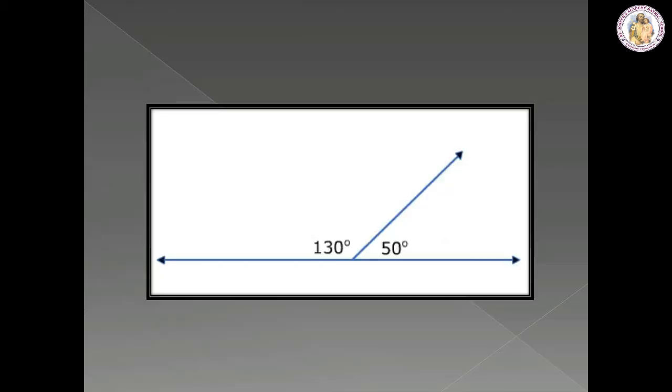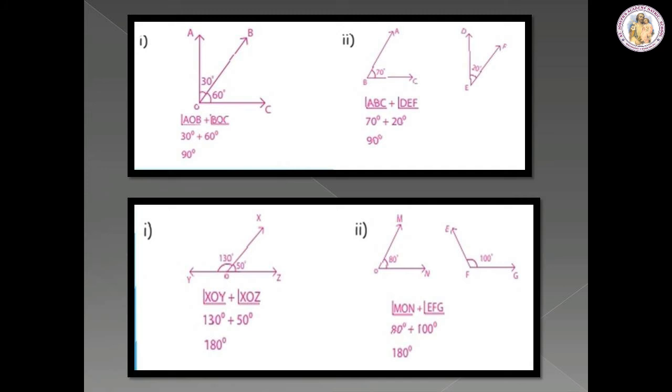Children, did you all know what angle this is? This is supplementary angles because we are adding 130 plus 50 equal to 180 degree. Let us see some examples for complementary angles and supplementary angles.